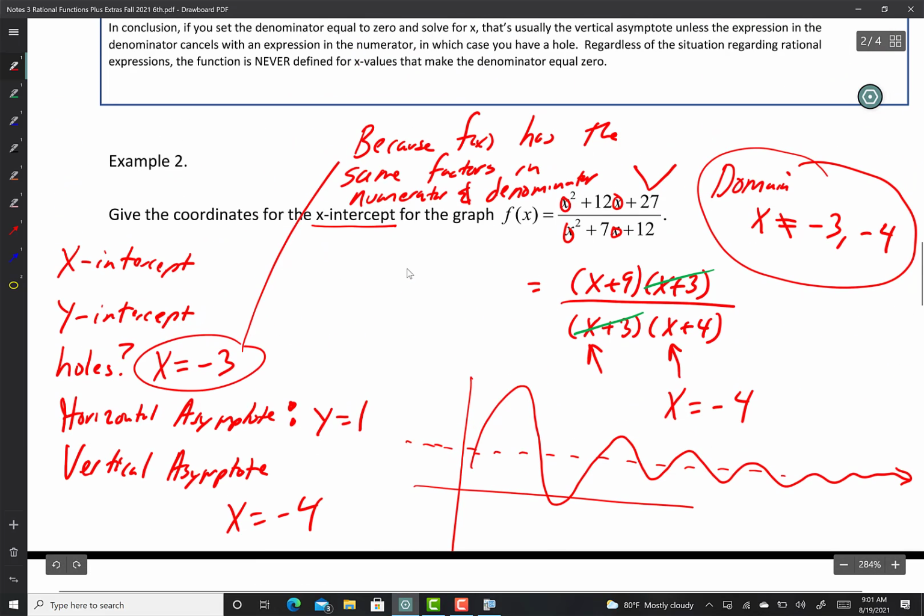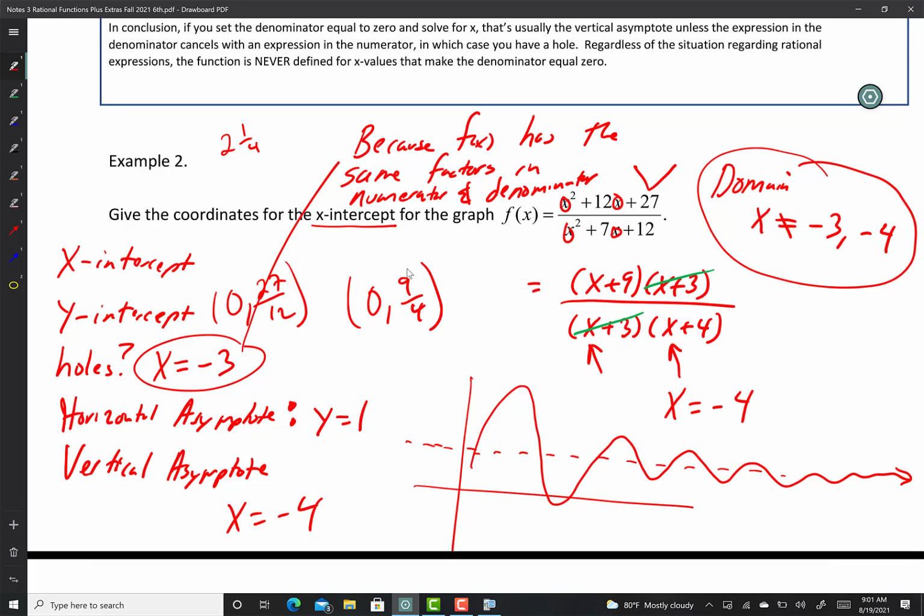So my y-intercept is 0 comma 27 over 12, which reduces to 9 over 4, because 3 goes into 27 9 times, and 3 goes into 12 4 times.